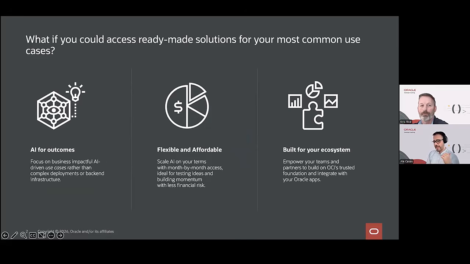We can just pack the best practices and blueprints that you can leverage out of the box without going through the overwhelming process of setting up your infrastructure, picking libraries, going through different large language models. We do all that for you, okay? And everything is built on the entire OCI ecosystem, an Oracle ecosystem.